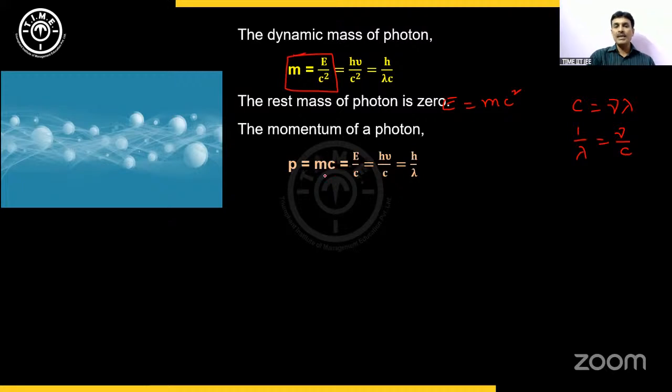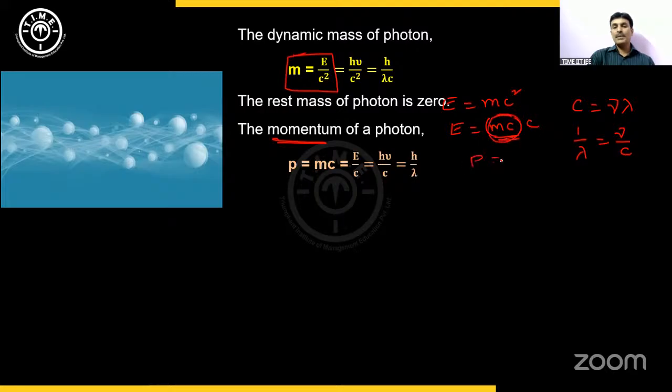What is the momentum of the photon? Momentum, simply it is the product of mass and velocity. So for a photon which is moving with speed of light, if its dynamic mass is m, its momentum is m into c. Now from the relation E equal to mc square, which can be written as E equal to mc into c, this mc is nothing but momentum.